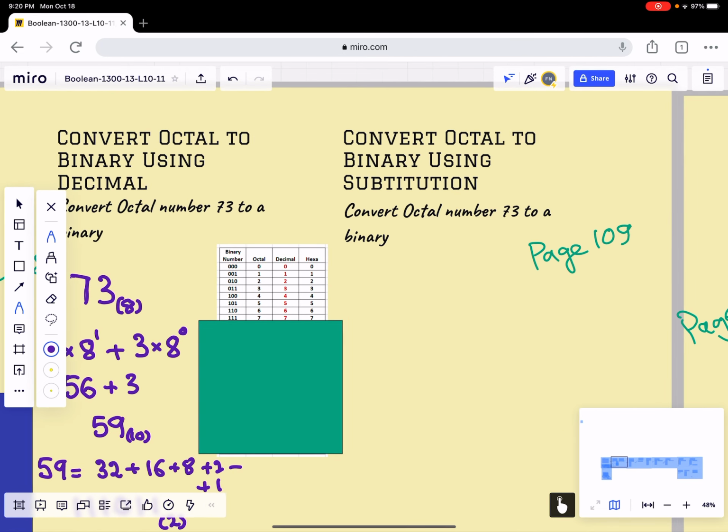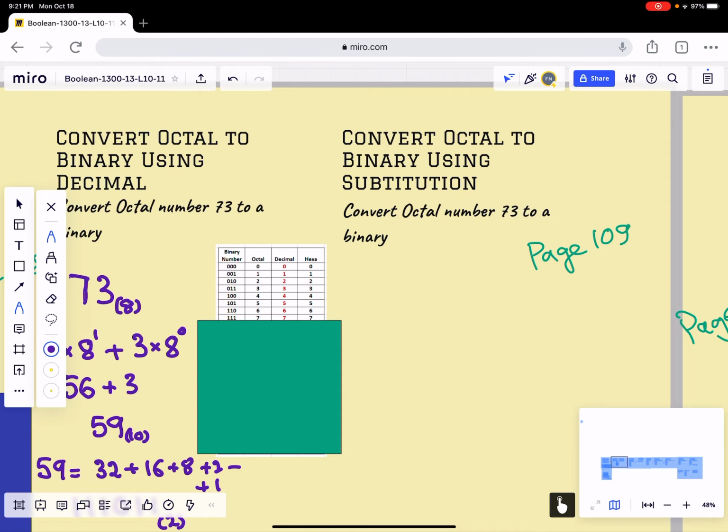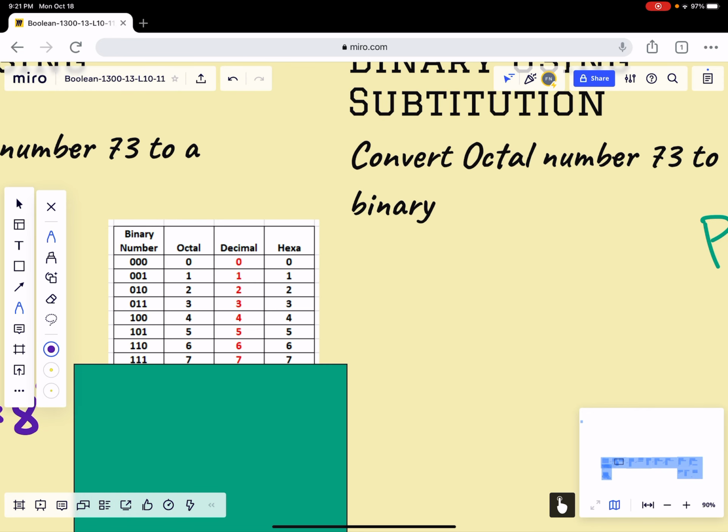Let's do another problem. Let's convert octal 73 to binary, but this time we're gonna use the substitution method by looking at the table. I'm gonna write out 73 octal, so base equals 8.